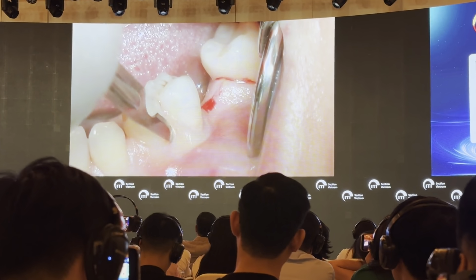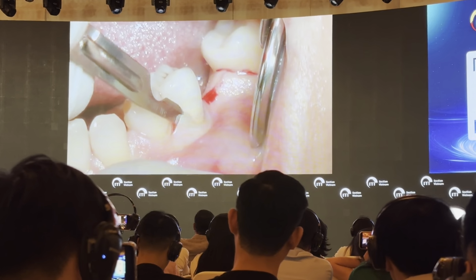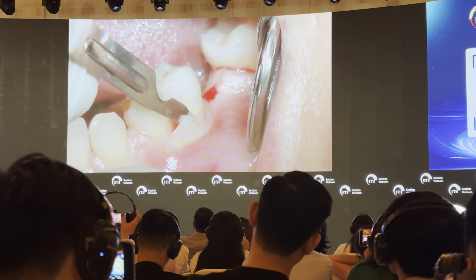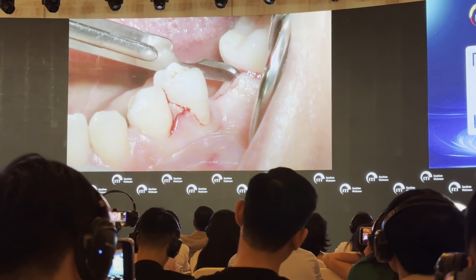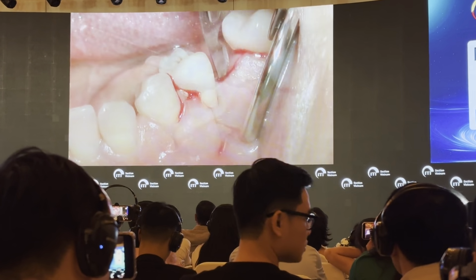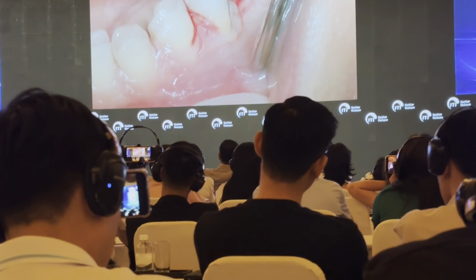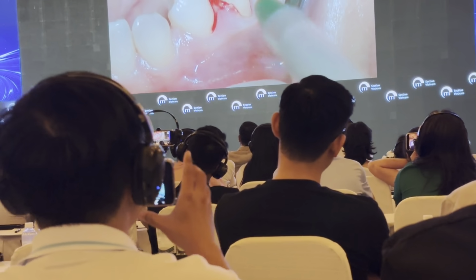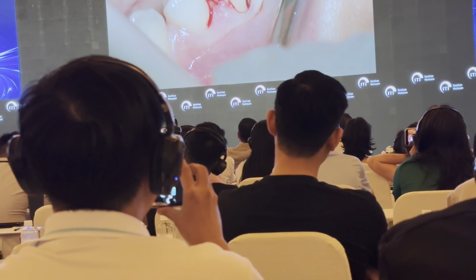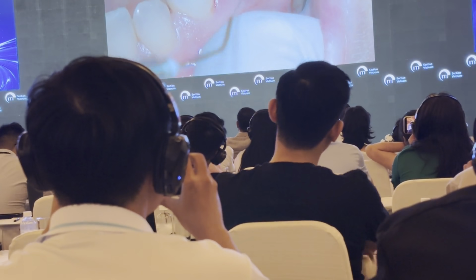So you see that the flap is going to be raised with the horizontal incision in the dentus area, raised split thickness at the level of both surgical papilla and full thickness in the central portion, where we are going to place the implant.